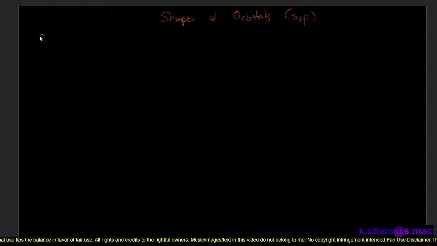Now I want to start with my s orbital, and we are going to take down a definition for an s orbital by also defining the term orbital in our definition.